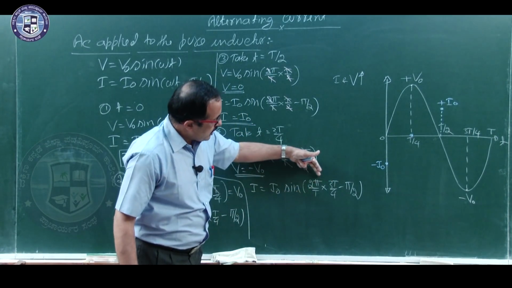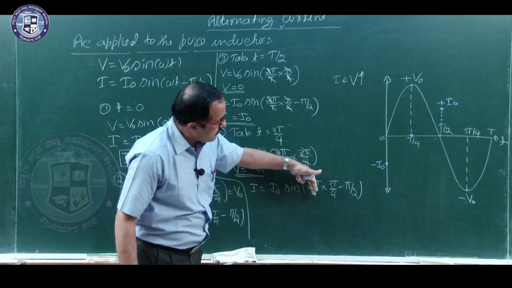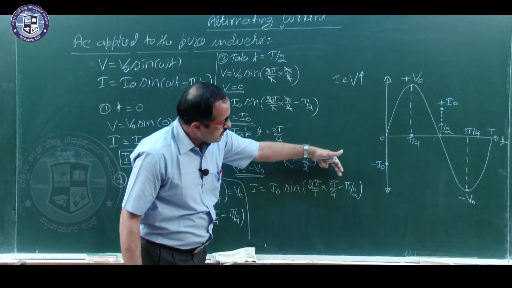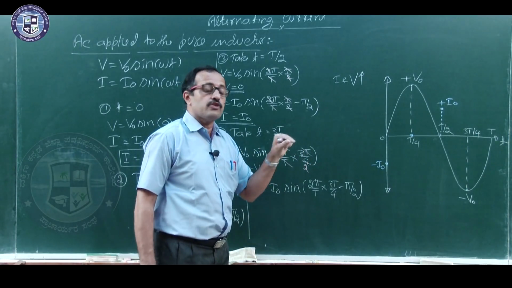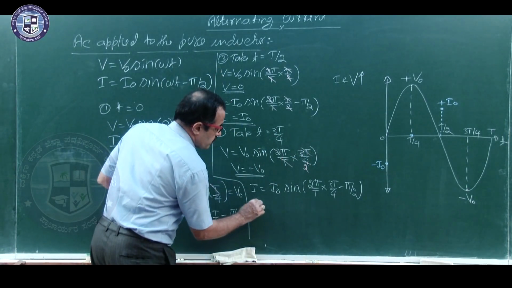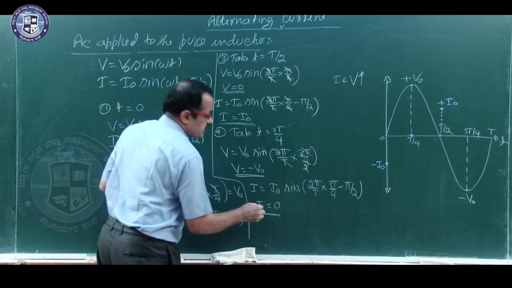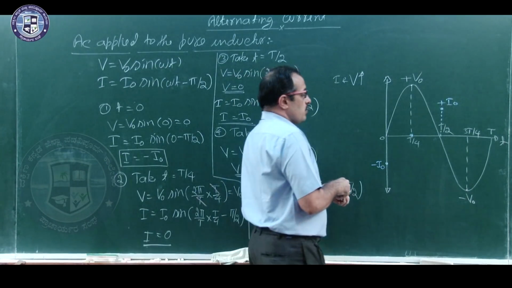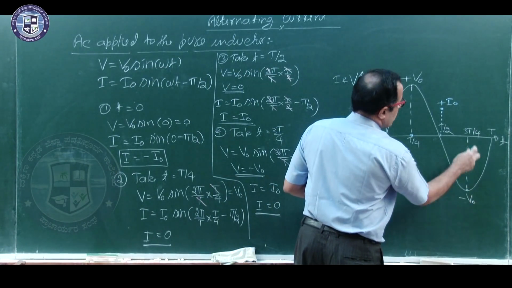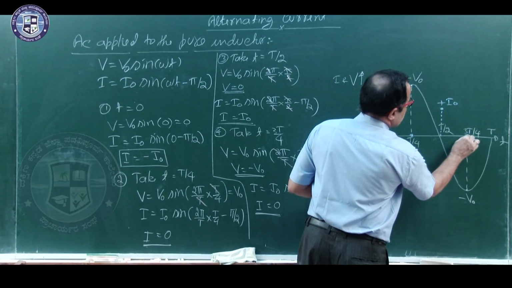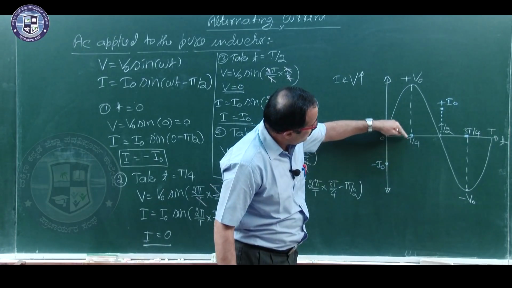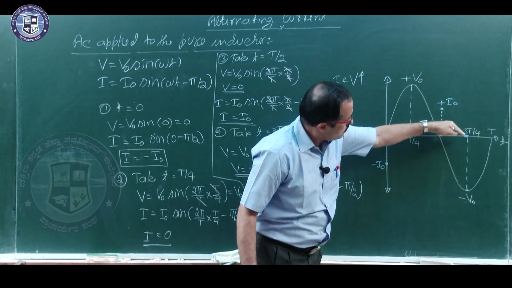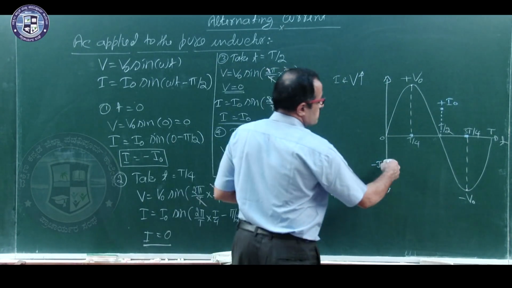So, this value already said it is 270 degree. 270 degree minus 90 degree, that is 180, sin 180 is 0, therefore, current is 0. So, when voltage is a negative maximum, current is 0, the point is here. So, we are getting different points like this, 1, 2, 3, 4. The graph goes like this.